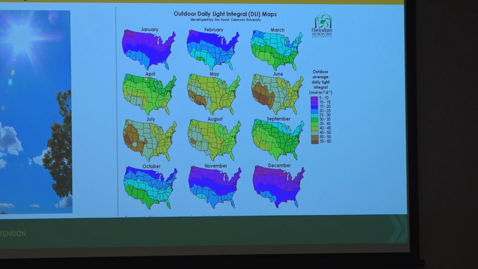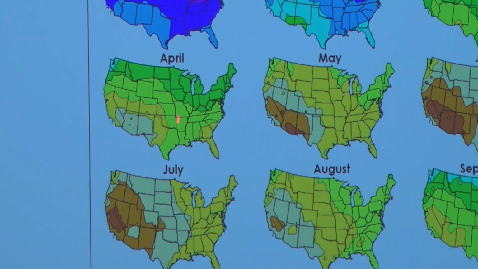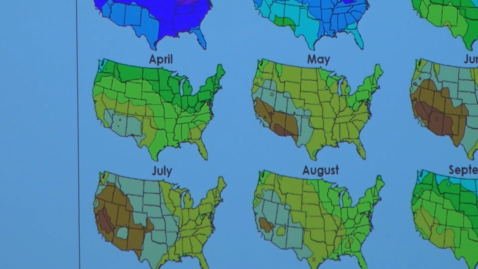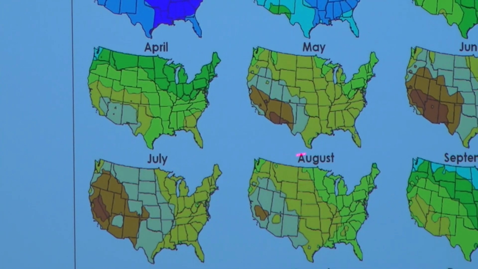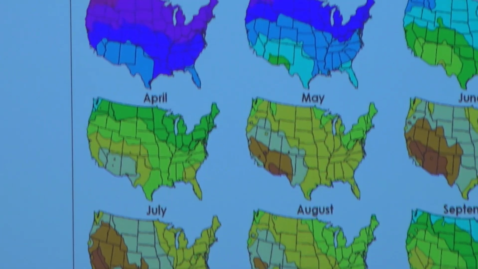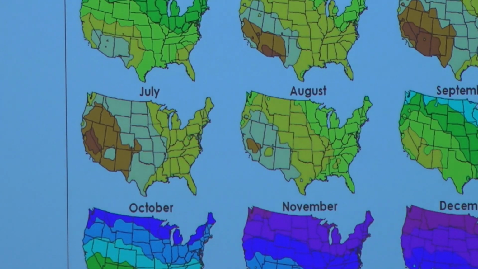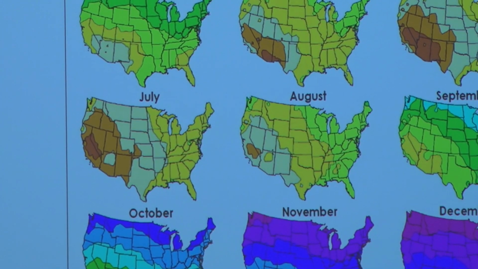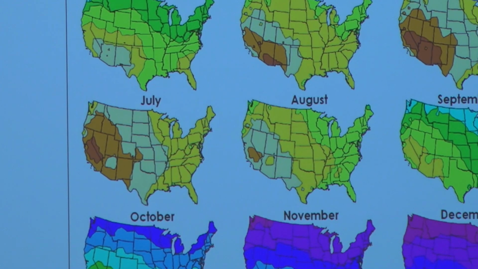We're in April right now. We're getting 30 to 35. But as we skip to July, what are our plants getting outdoors in terms of DLI? They're getting 45 to 50 moles per meter squared per day. So, some things to keep in mind here are these ranges.